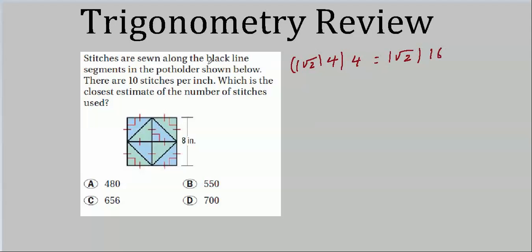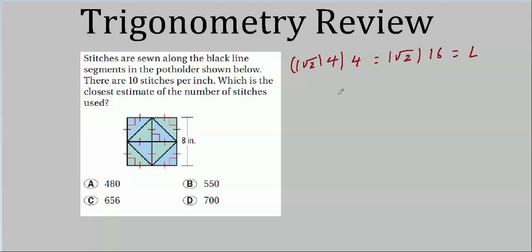Now, with 10 stitches per inch, I'm going to call this L, the total length of stitched area, or the total length of stitched potholder, I guess. I don't know. Total length of the stitches anyway. What's the total number of the stitches?